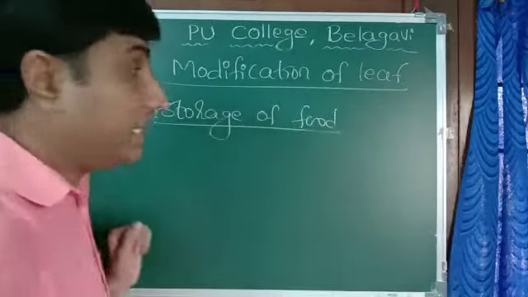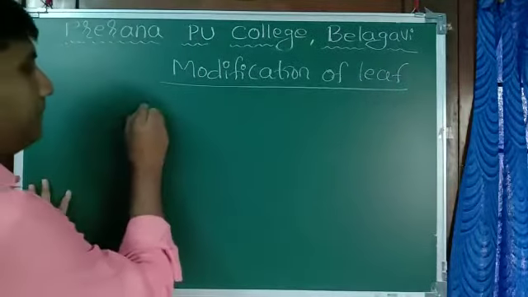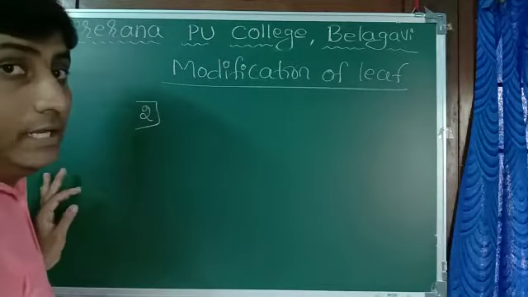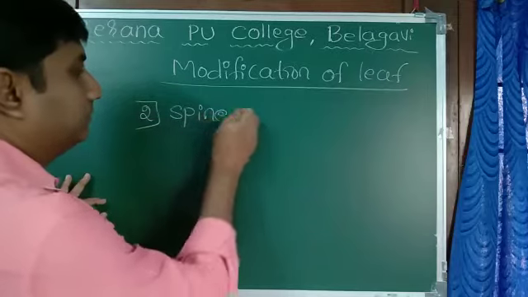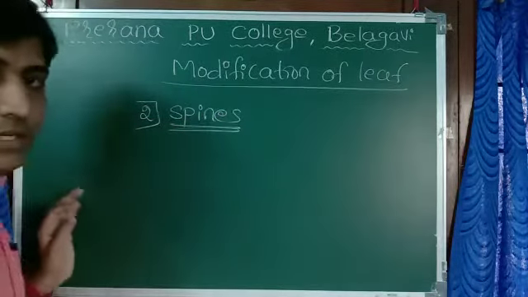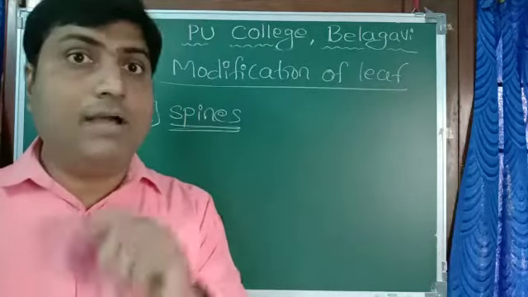Then second modification of leaf. Leaves are modified into spines. We can give the example of cactus.